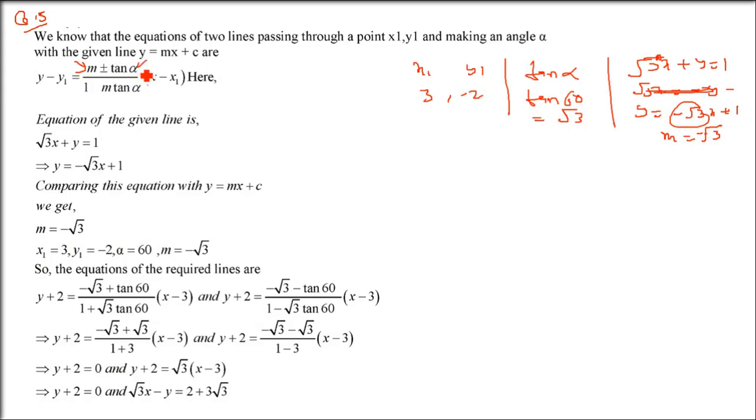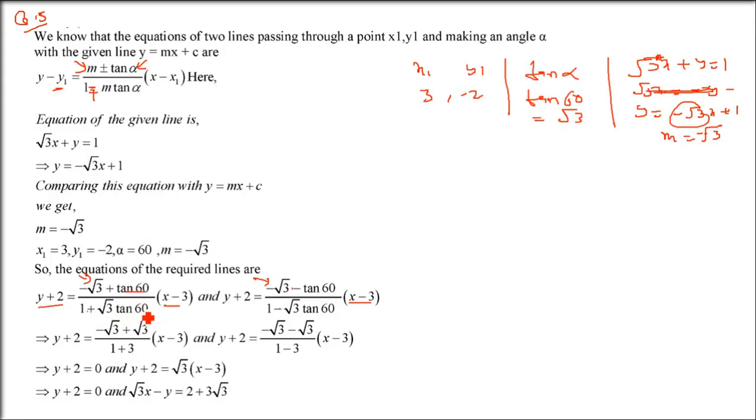In place of m you put minus root 3, tan alpha you put root 3. In place of y1 you have to put minus 2, x1 you have to put 3. Take plus and minus one time, then take minus and plus the next time. So this is the equation. So here minus root 3, here tan 60, that is root 3, and of course you have in the denominator also the same thing.